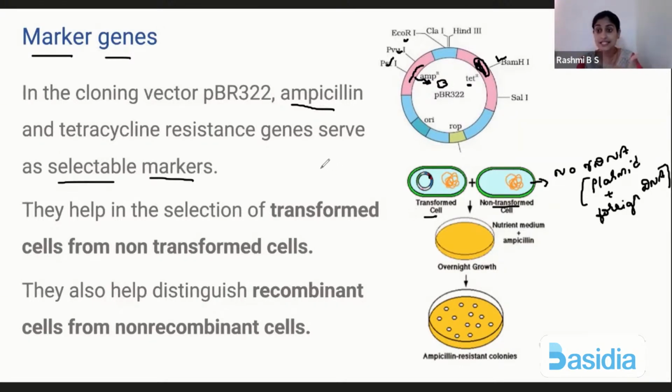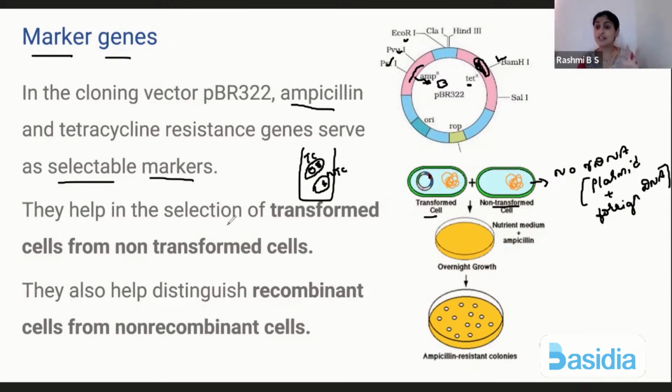Children, this is what I am showing you on the slide. But in a real lab, you have both cells in a mixture. This is your transformed cell and this is your non-transformed cell.